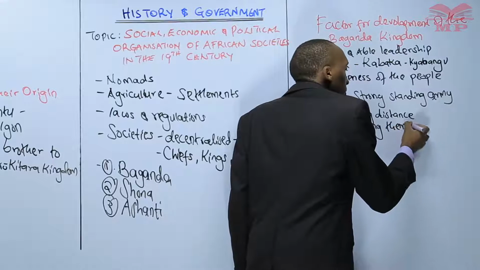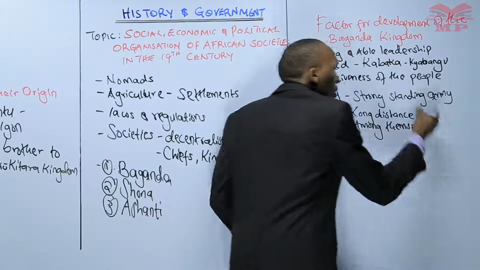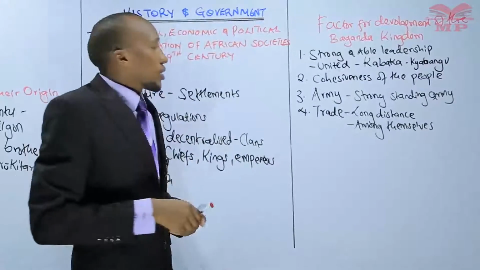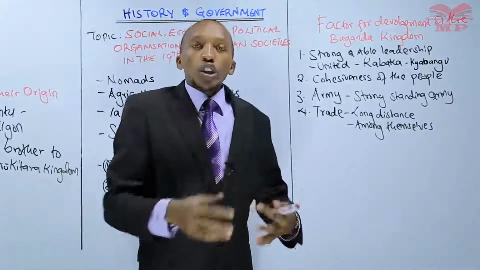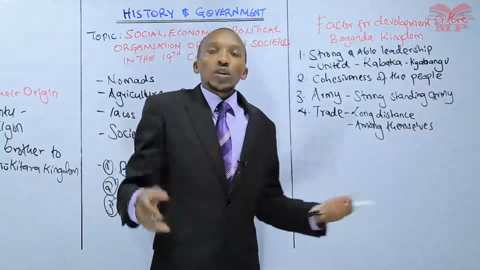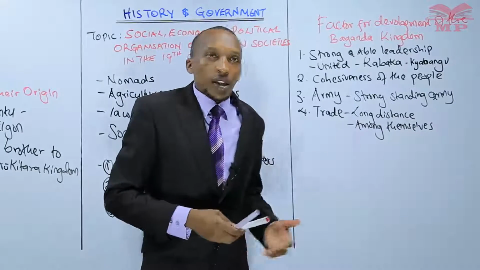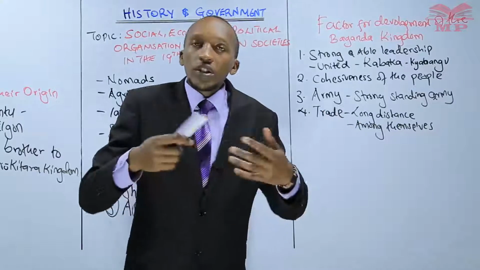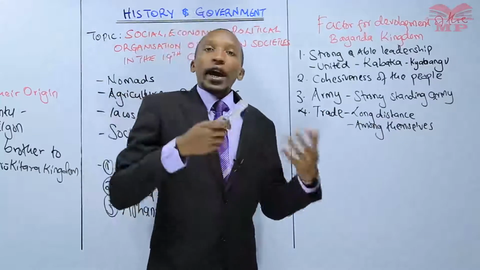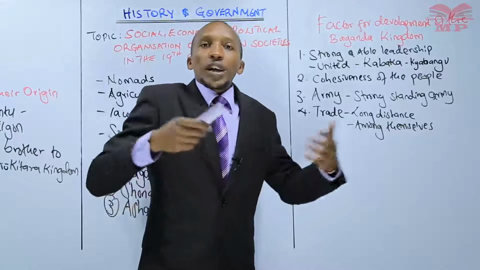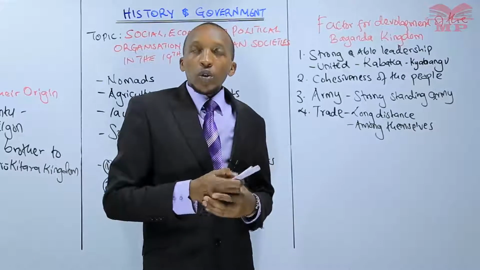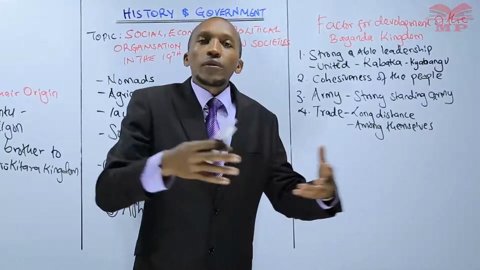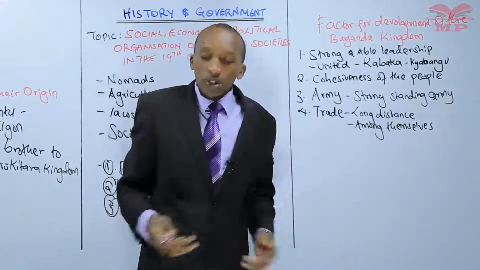So this resulted in a lot of wealth. They got resources that other communities could not get. So with the trade, their economy was strengthened. They were able to sustain the people. So that brought peace. It brought some kind of stability because the economy was stable.